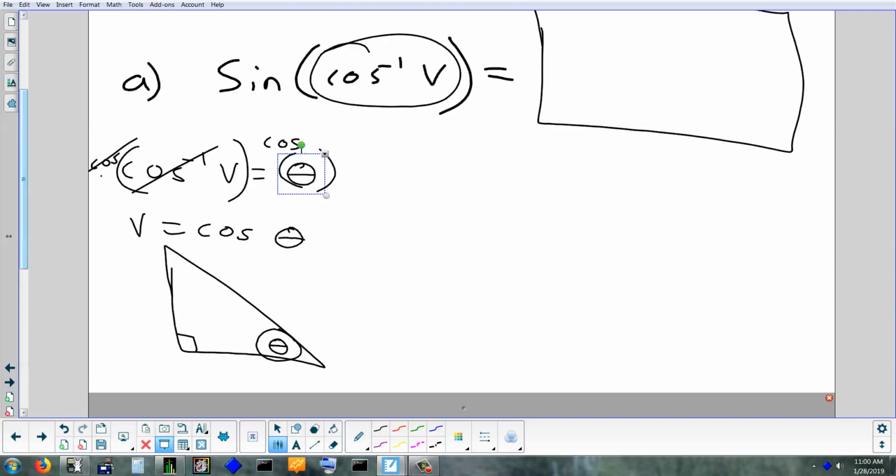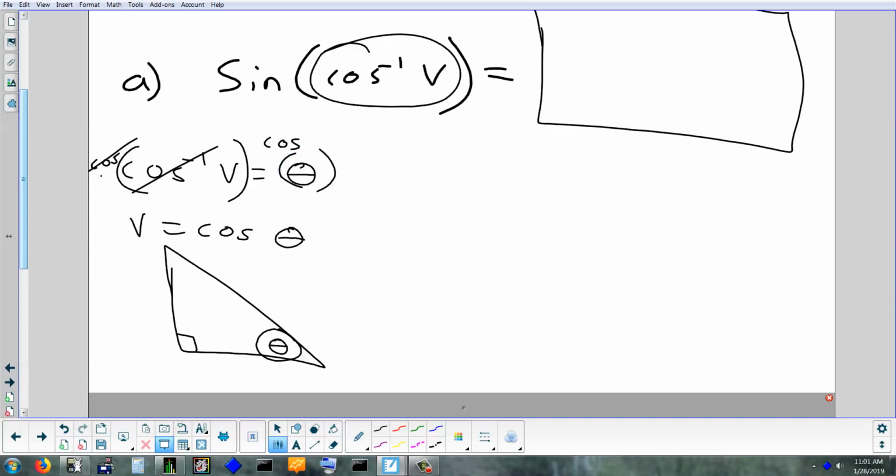Like the beginning function, like plug it in for v. Not plugging it in for v. It actually says it right on the board. It's right there. If you take the cosine of theta, what do you get? V, right? I don't know what v is, but I know if I take the cosine of theta, I get v. Let's draw that in this diagram.